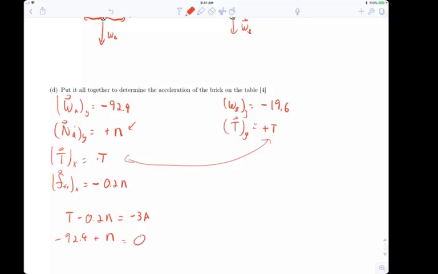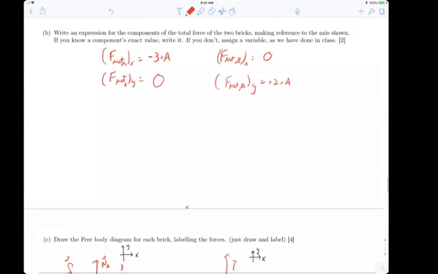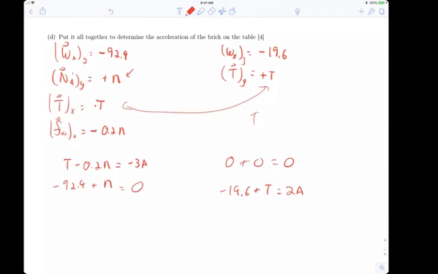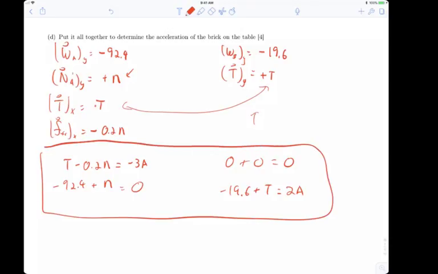And then in this case, the x terms are all 0. And the y terms are minus 19.6 plus T is equal to 2a. And now I solve these algebraically. So this is what I mean when I say put it all together.